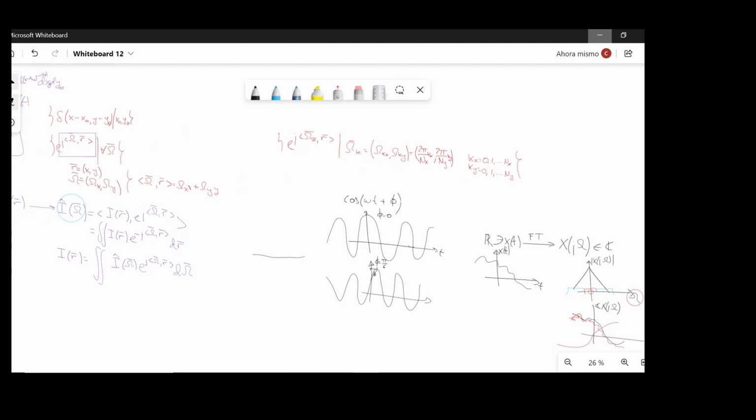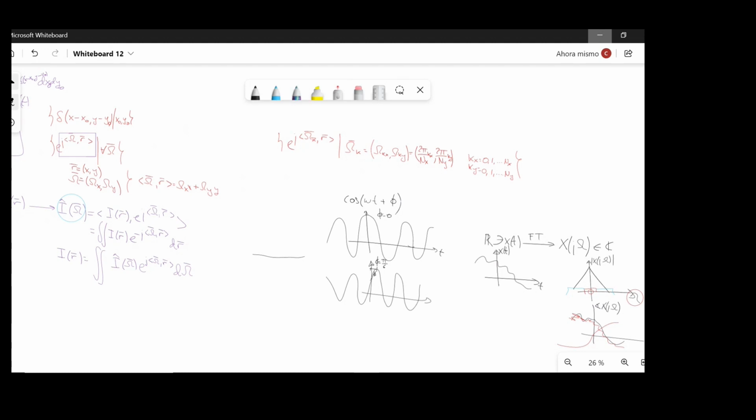This complex number times this complex exponential, which looks like an oscillatory thing, gives me an oscillatory thing that has this amplitude and phase. And I have to add all these images, and then by adding them, you get the original. Okay. So the information is the same, but it is somehow encrypted.